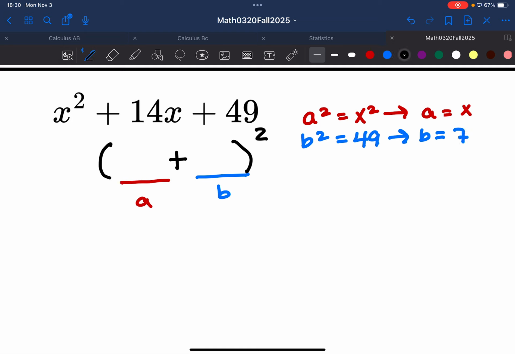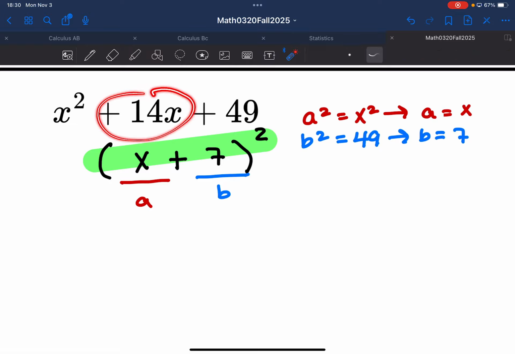So it means my answer is x plus 7 squared. Okay, and again, that was because our middle term was positive. If our middle term was negative, this would be what? X minus 7 squared. So whatever that middle term is determines this sign right here.